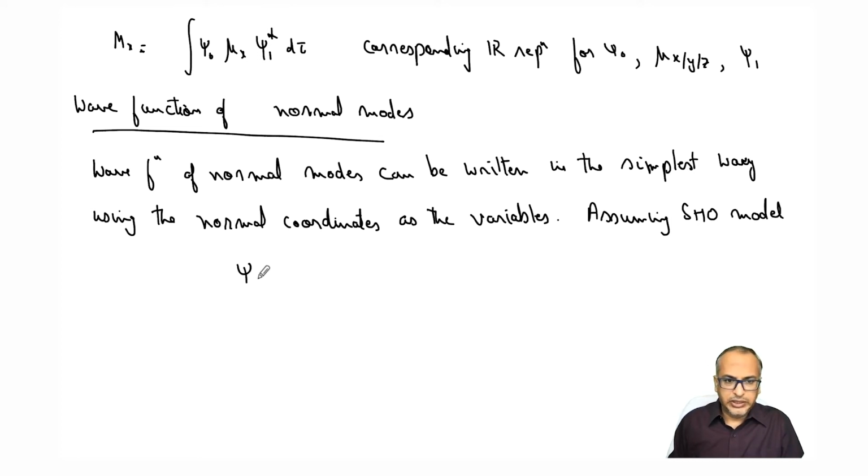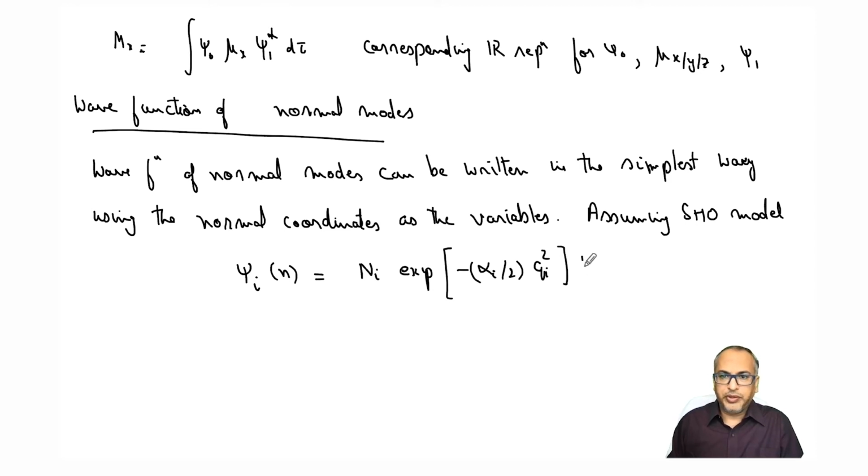So any general wave function psi_i,n can be written as N_i times exponential of minus alpha_i by 2 q_i square times H_n. See, I'm not asking you to remember this expression, I'm just giving it to you, and if I ask in the exam I will give you this expression, so do not worry about it. It's a long expression, I know, but just understand the maths behind it.